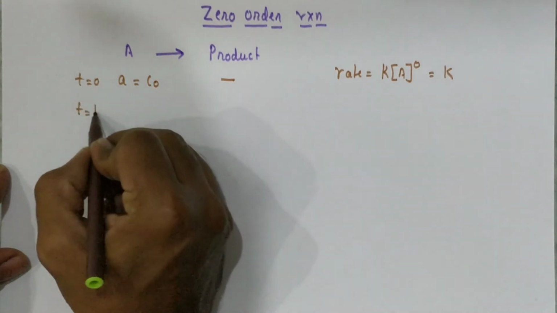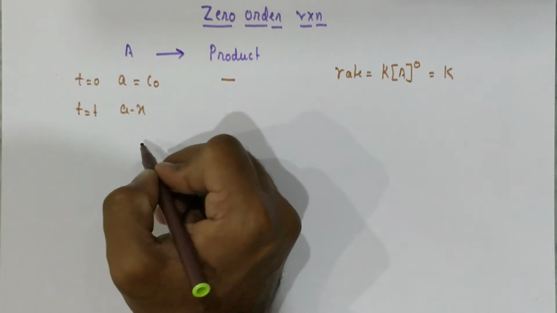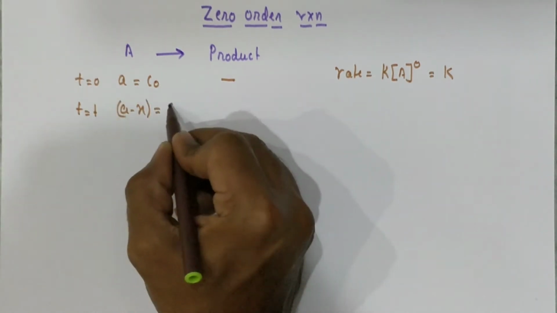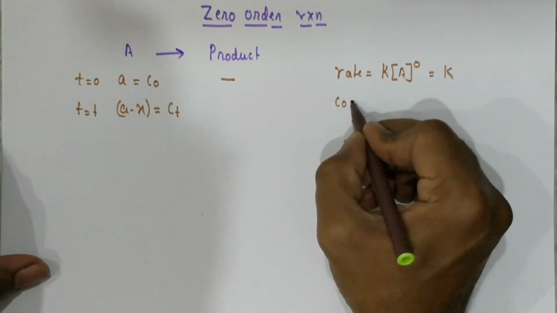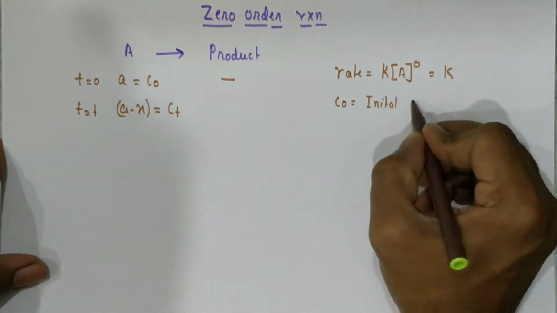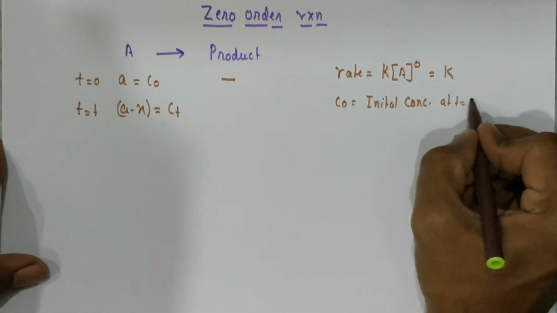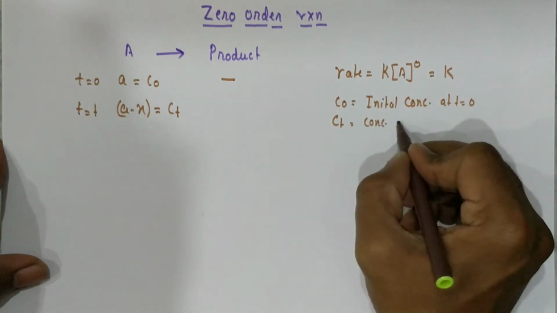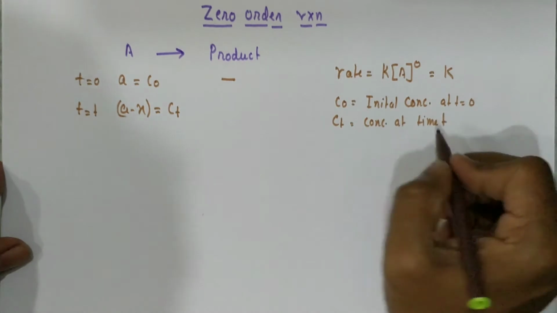And at t equal to t, let's say x moles are dissociated. So the remaining moles of A is A minus x, which we call Ct. So C naught is the initial concentration at t equal to 0, and Ct is the concentration at time t.